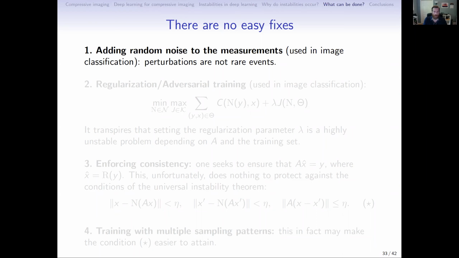The point I want to make is that this is not something that's easy to fix. I'm going to make this point by going through 4 different strategies that have been tried or proposed as ways that might give you better stability. The first such strategy is to add random noise to the measurements.